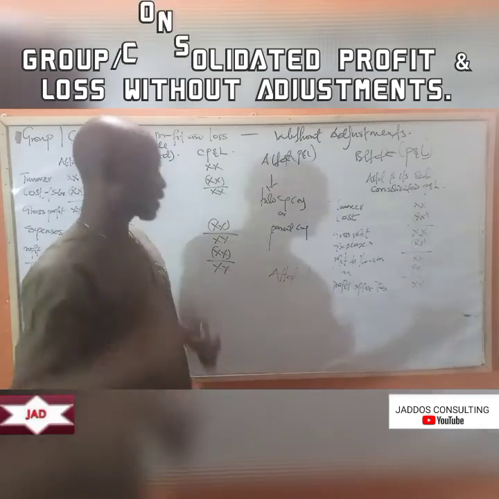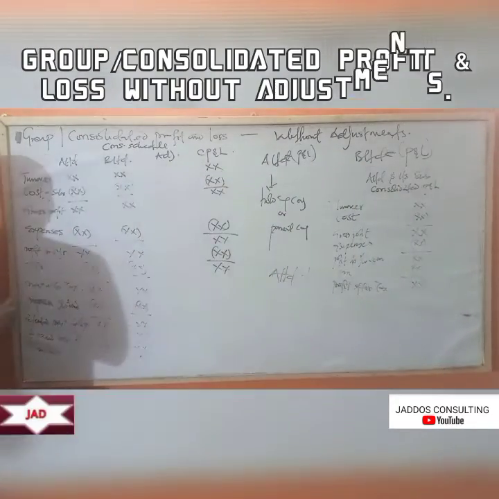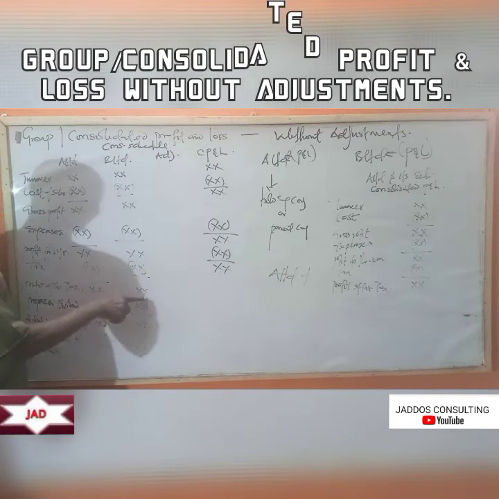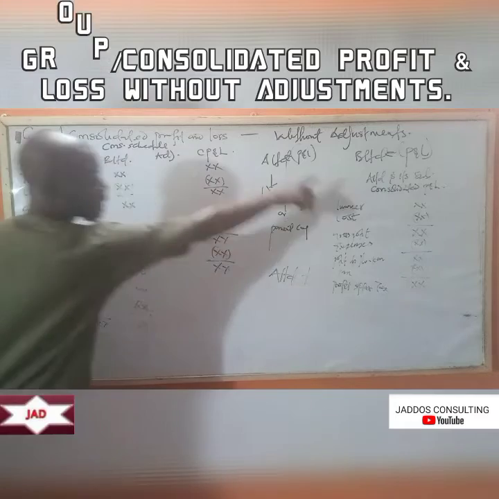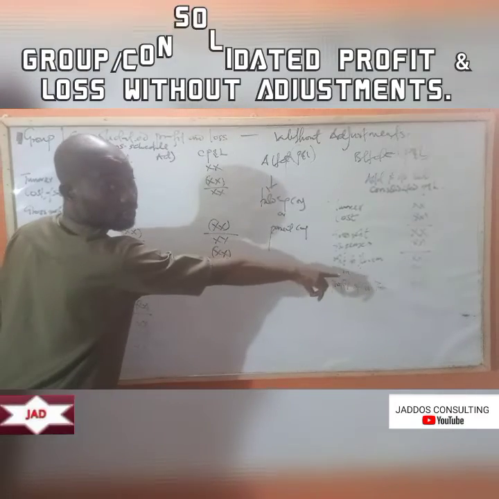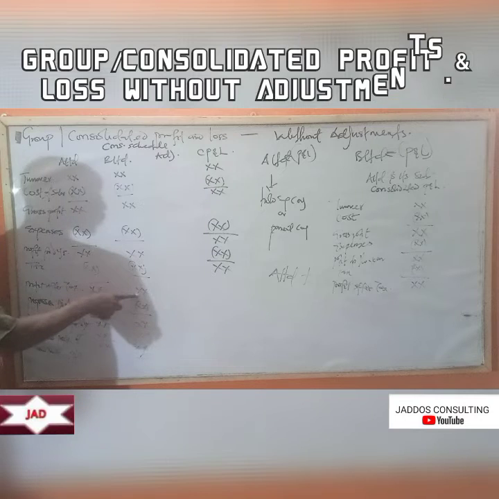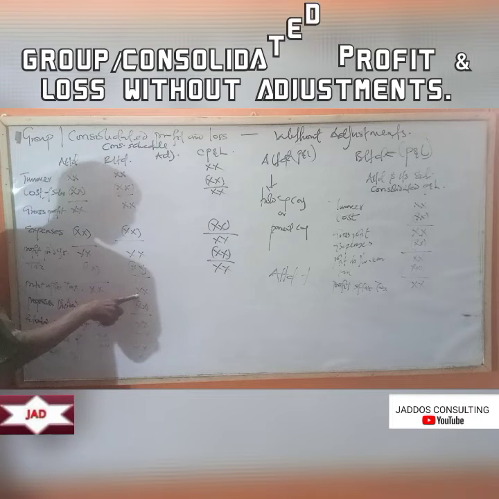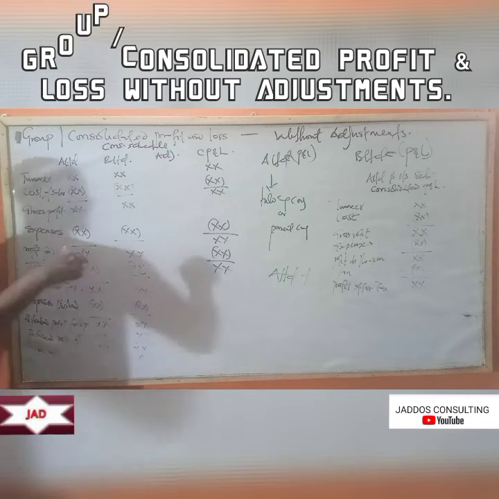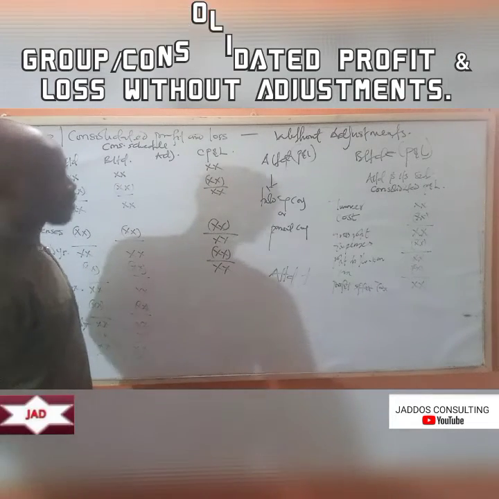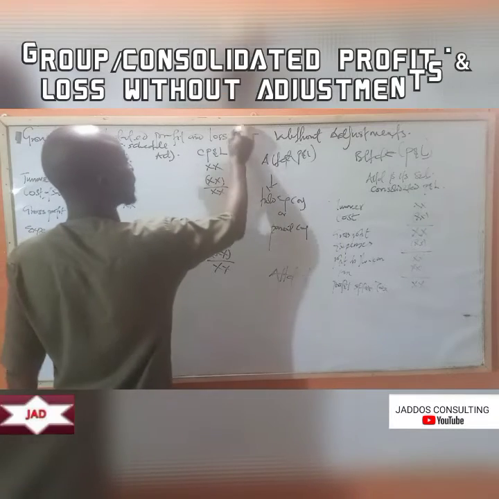Now don't forget that this profit after tax of this subsidiary has been included in that consolidation. This profit after tax belongs to both the holding company and the subsidiary. So it means that we now have to take out that of the minority interest. So let's assume that the holding company has 80%.